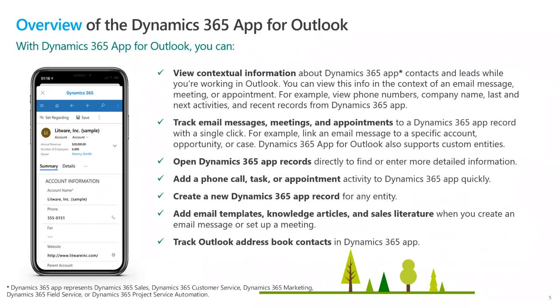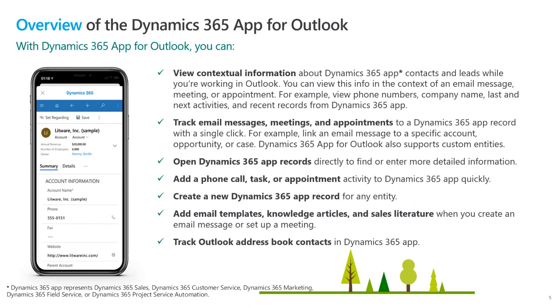It also allows users to track email messages, meetings, and appointments to a record in Dynamics 365 in a single click. You can open Dynamics 365 records directly from the app to find or enter more detailed information. You can seamlessly add phone calls, tasks, or appointments to Dynamics 365 records right from the app, and create new records using the quick create feature.